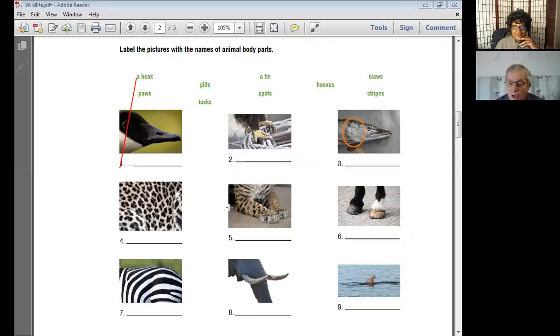A jaguar has four paws. An elephant, the tusks are fighting for an elephant.